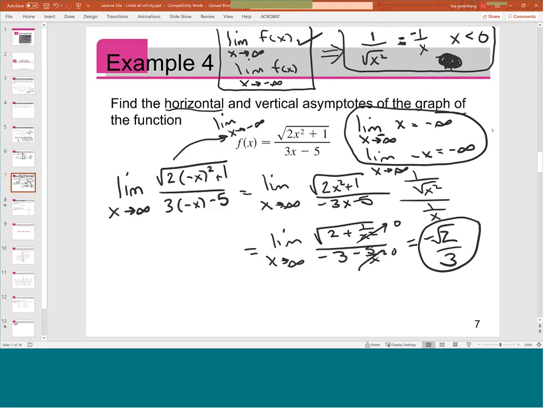Okay, so I have a question, Ms. Greenberg. Yes. So remember how we found for the top part, you multiply it by 1 over the root of x squared? Uh-huh. So when you pull out the negative, for the bottom part, when you pull out the x and you make it negative, do you still multiply it by the same multiples? I don't know if that makes sense.